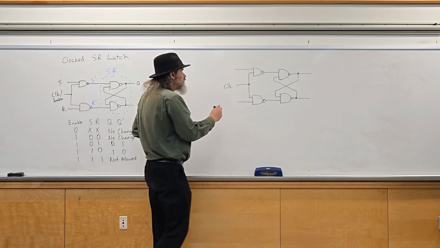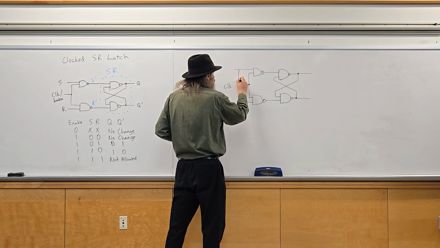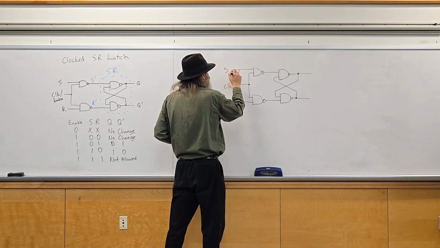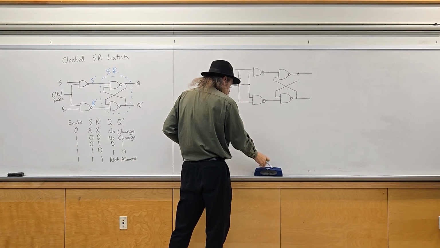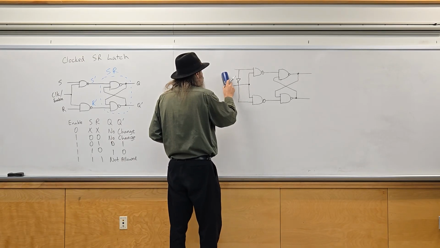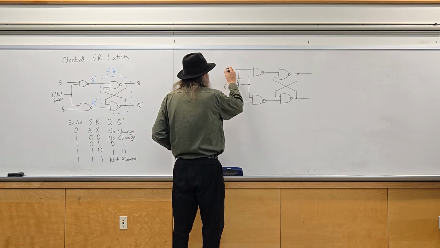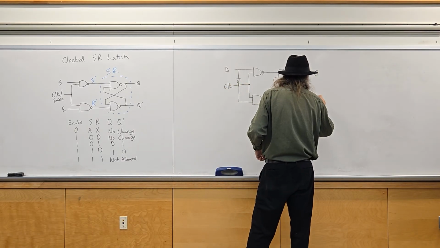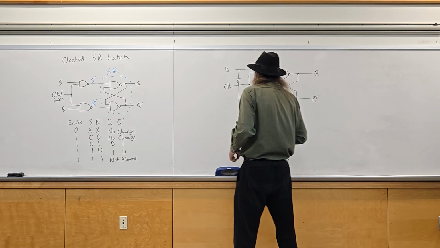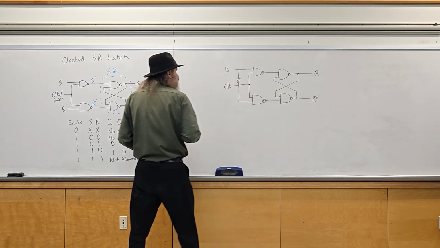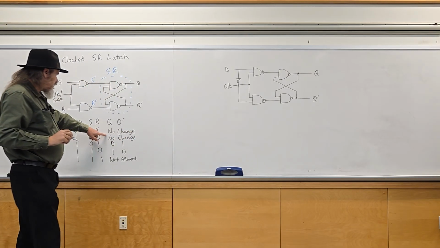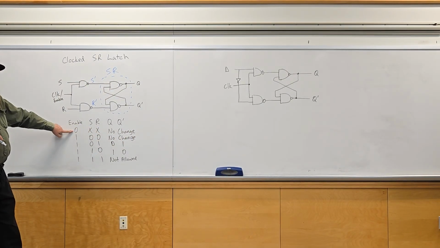So you place an inverter between the S and R. We'll call this an input D. That way, you still have the no change state when the enable is off.